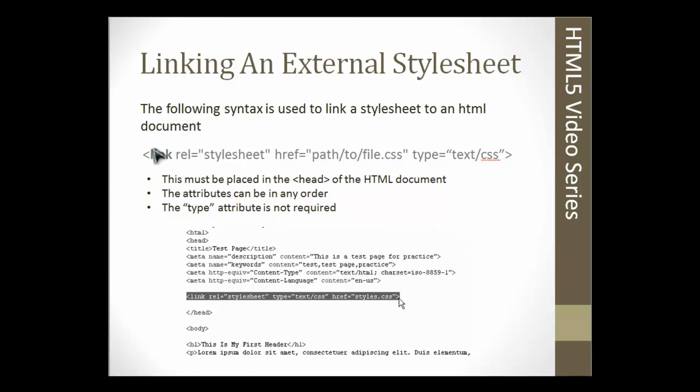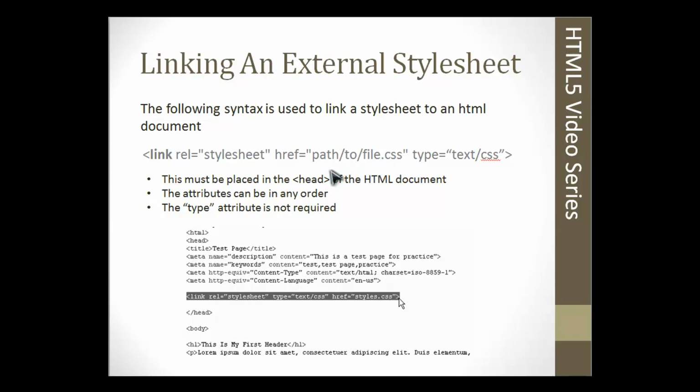So we have a link tag, and the link points another file to the HTML document. And we have the rel attribute, and we just want to put stylesheet inside of it. And next we want to link the file.